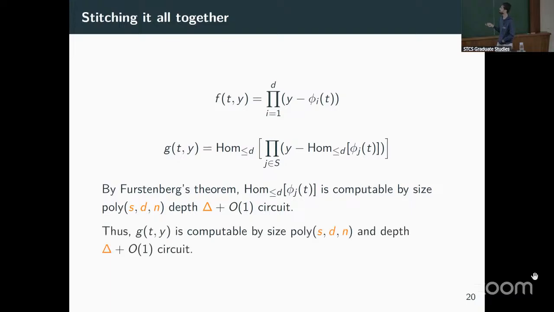To get g t of y, since I have a small circuit for this, I just have to multiply it out with y minus this, and do a homogeneous extraction at the top. All of these are preserved under constant depth circuits, so I get a small constant depth circuit for g t of y.